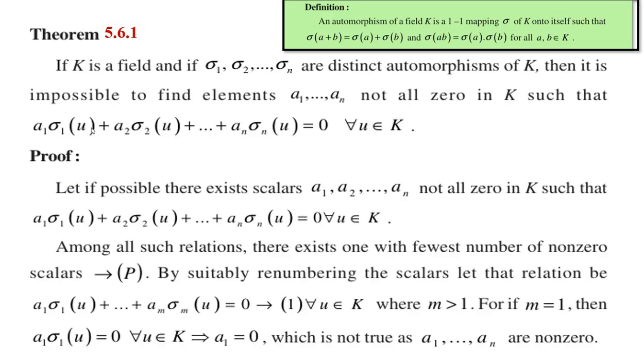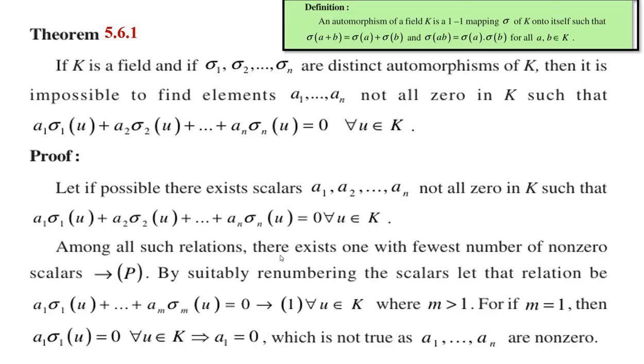What we need to prove is that it is impossible. So let, if possible, there exist scalars a1, etc., an, not all 0, such that the linear combination equals 0 for all u in K. The sigma i's are from K to itself, so naturally this u should be from K.